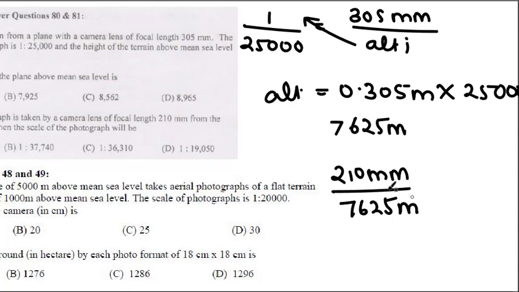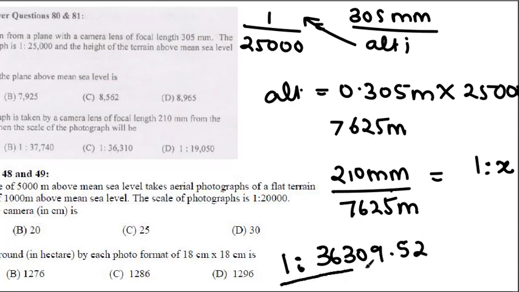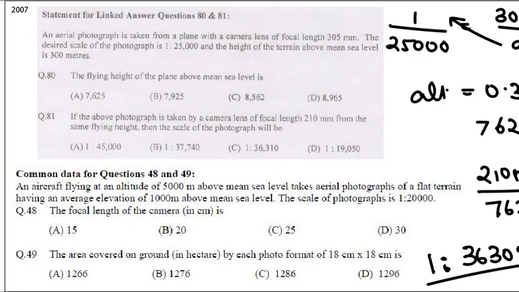So this should give me scale, 1:x, so taking reciprocal of this, 7625 divided by 210 mm, that is 0.210 meter. So that will give me 36,309.52. So the scale is 1:36,309, and in options we have 36,310. So these are the two values.